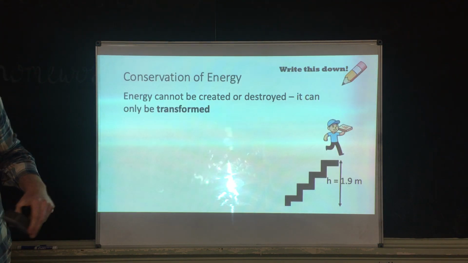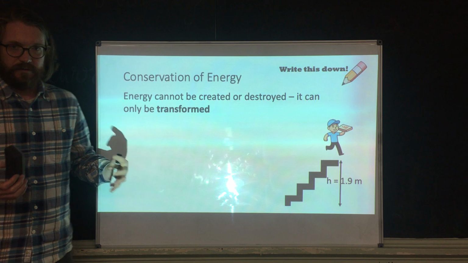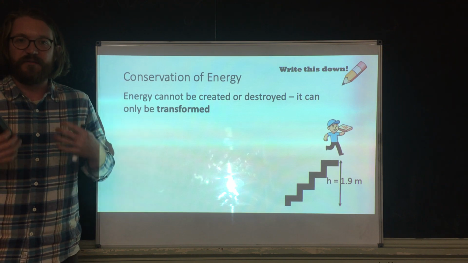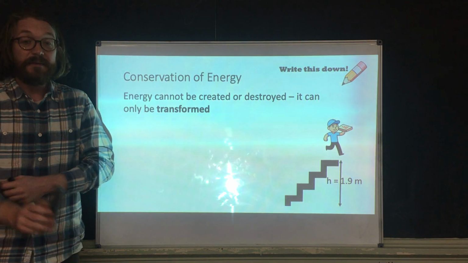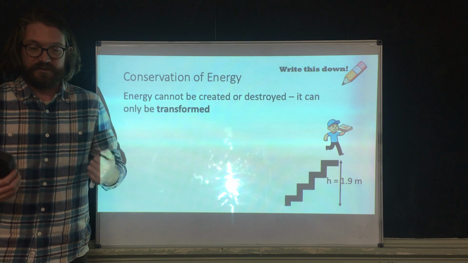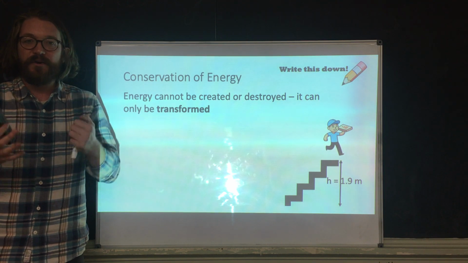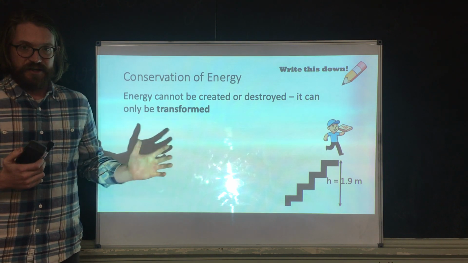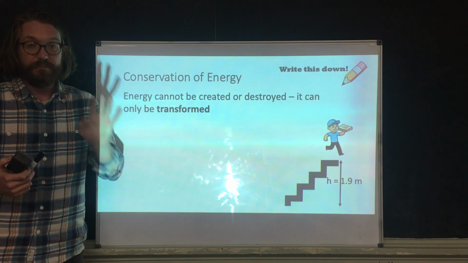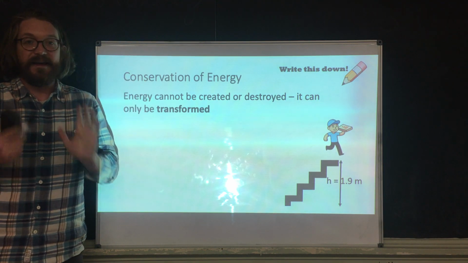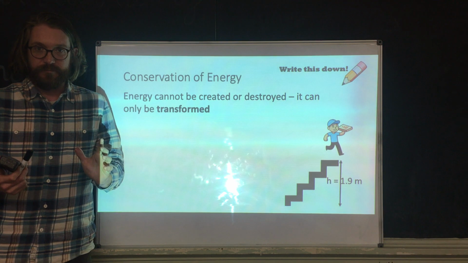So what you need to understand is this conservation of energy. This is probably the most important rule in all of physics, and that rule states the very basic fact that energy can never, ever, ever be created, and it can never, ever, ever be destroyed.